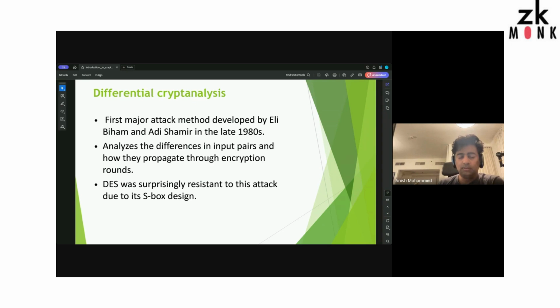The real surprise was the set of S-boxes that NIST suggested they should use. They seem to be pretty resistant to differential cryptanalysis. Can I have the next slide, please?